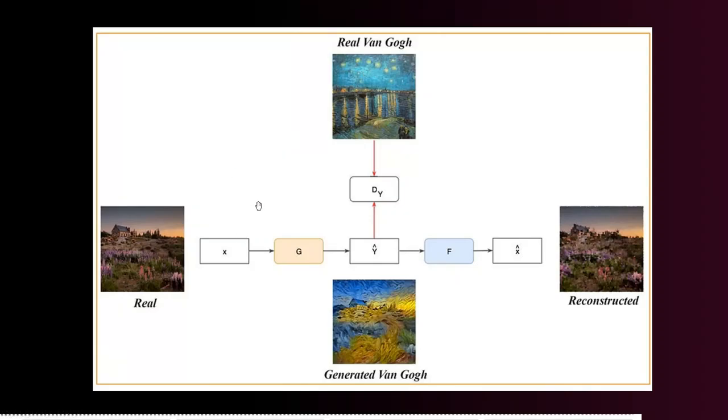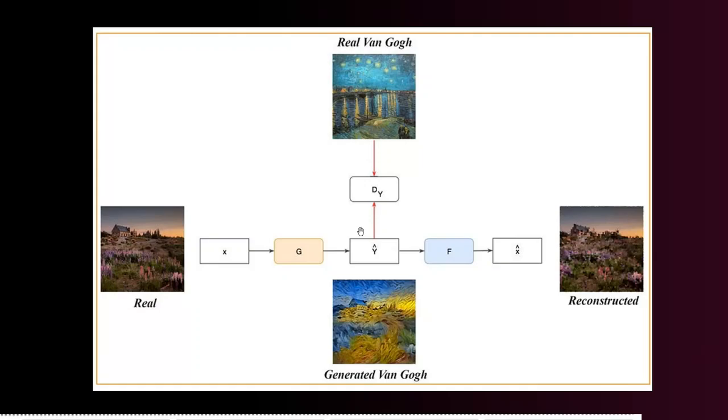And the process is reversed actually, where the Van Gogh image is generated in the real style, and there is another discriminator for comparing the real image with the Van Gogh image in the real image style, and also checking if it's real or fake.